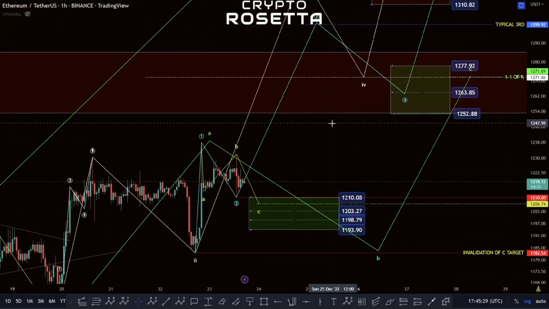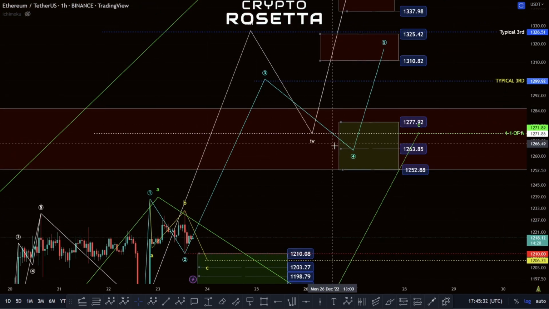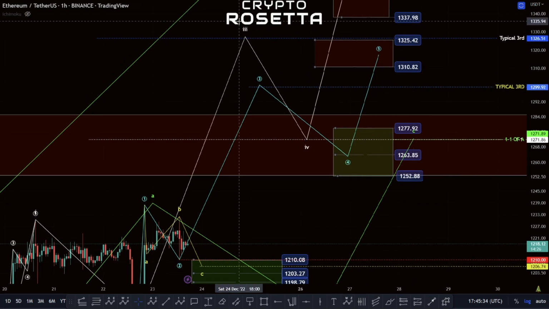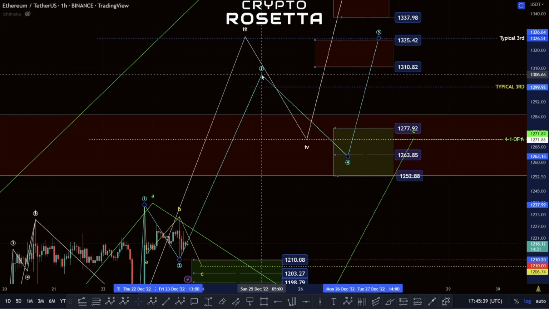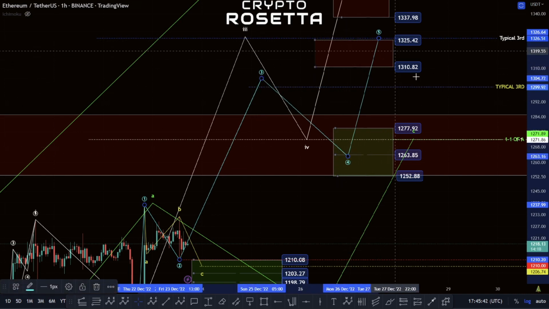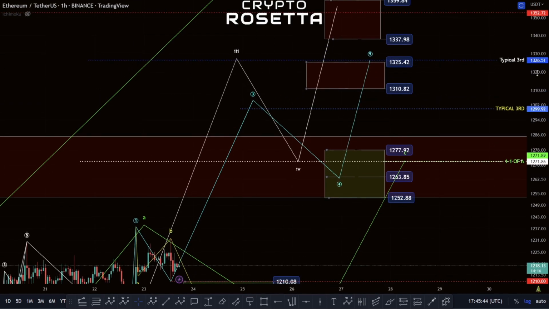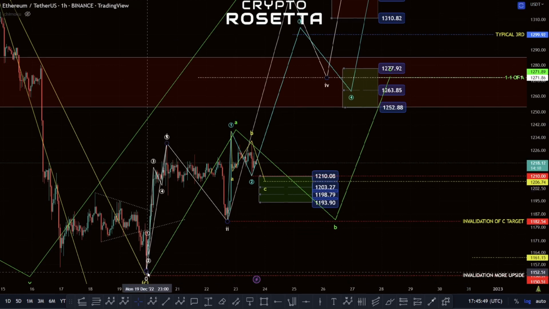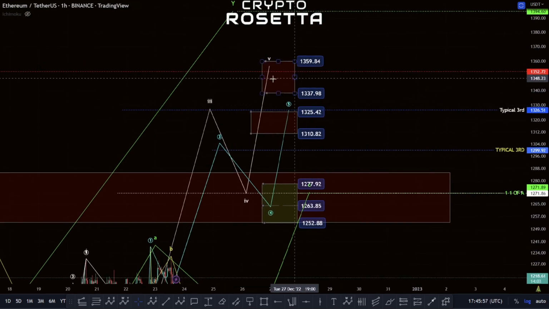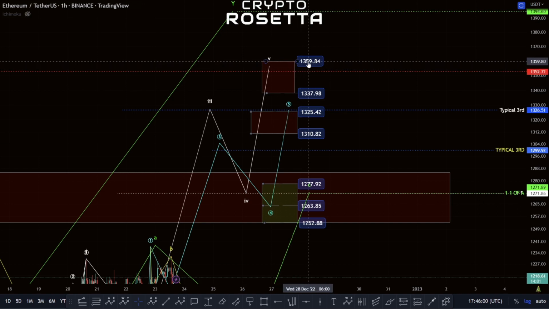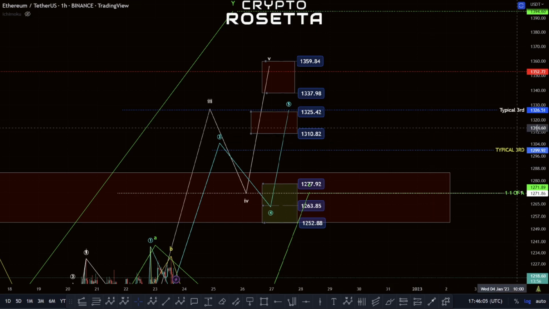We can see here that if we did make a move up towards these zones, effectively within this fifth wave could extend slightly, or there may have been an extension slightly in this third wave, in which case we'd look to target the typical third wave area of this 1326, which would make that the impulsive trigger of this 1-2 here, which would then make us look for this higher target area of around this 1359 to this 1337.